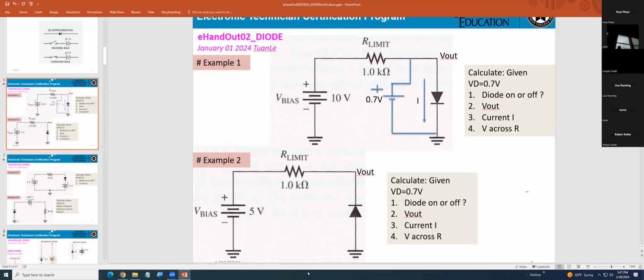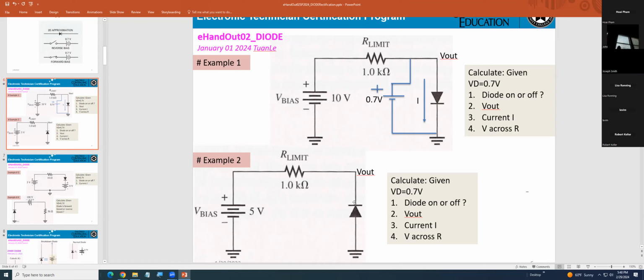Okay, now, if the diode is reverse biased like that one, then what do you substitute here for the diode? Zero. Zero, correct.